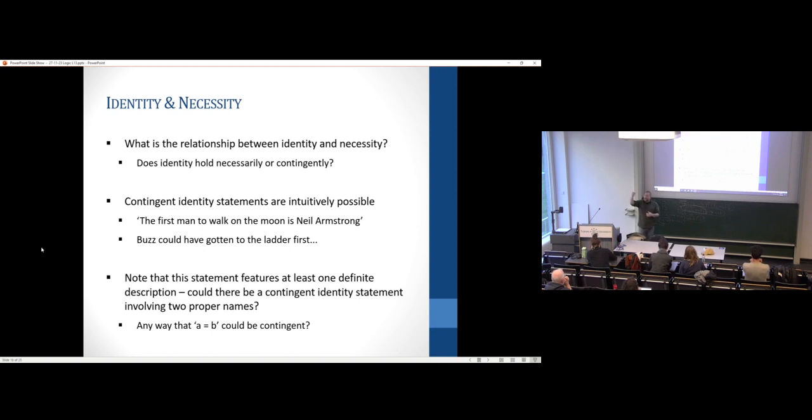So, right, take Clark Kent and Superman, with two proper names on either side of the identity claim. Again, let's assume that's true. If it's true, is that kind of claim contingent? Note that, again, it has a different structure than this.